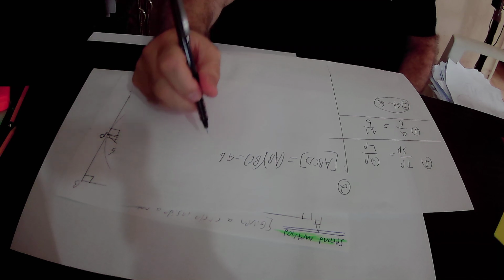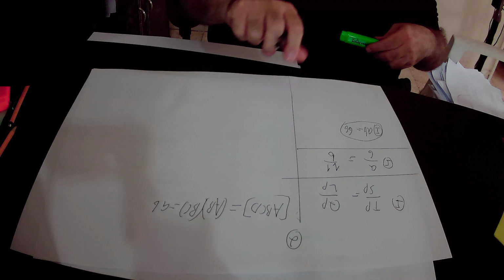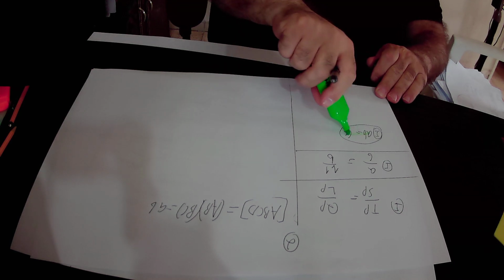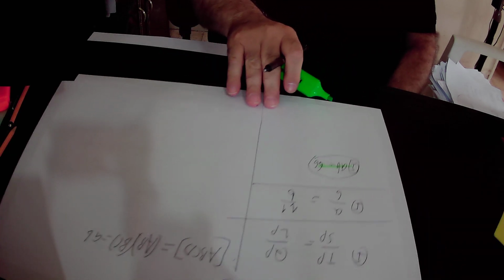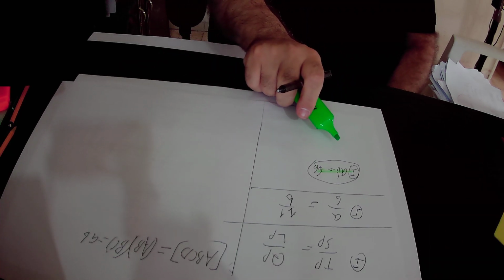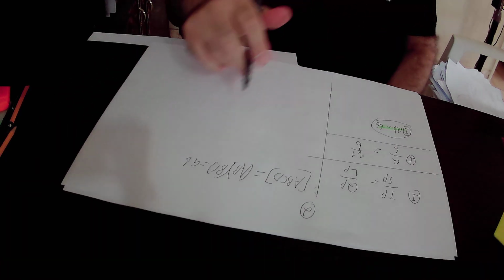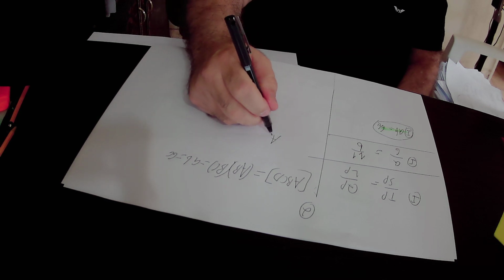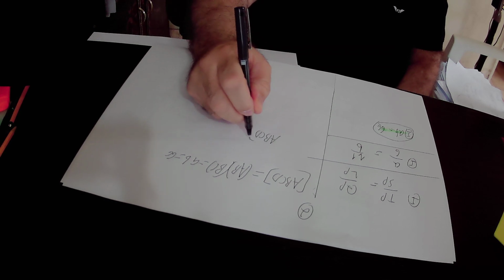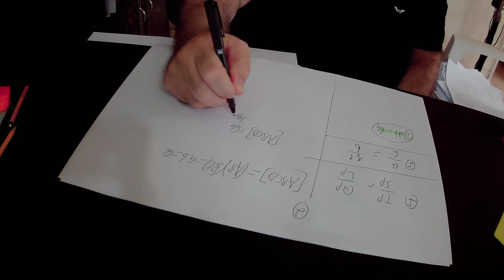So the area of rectangle ABCD equals A times B. But according to equation number 1, we found out that AB equals 66. So in conclusion, the area of rectangle ABCD equals 66 square units.